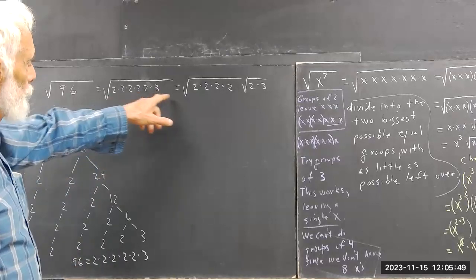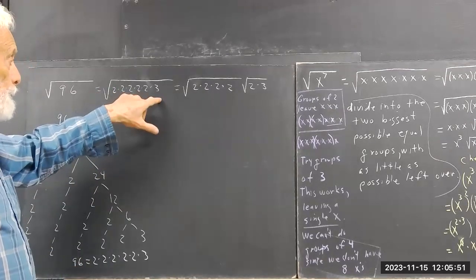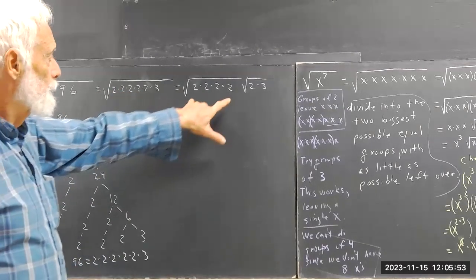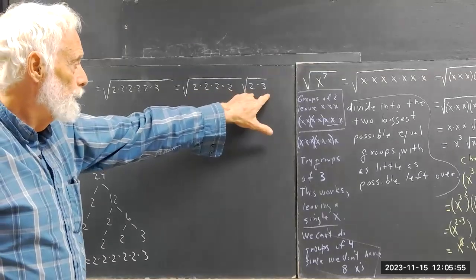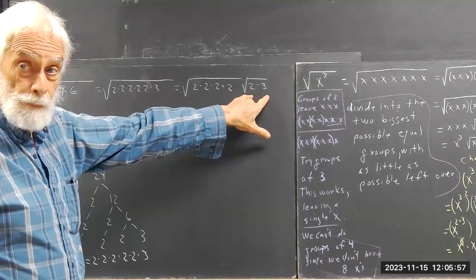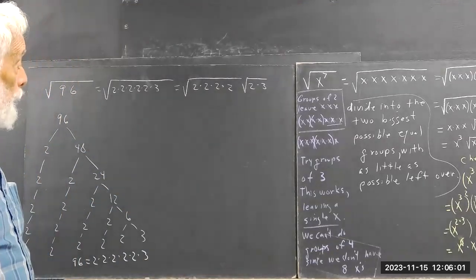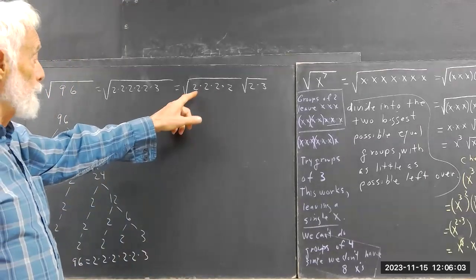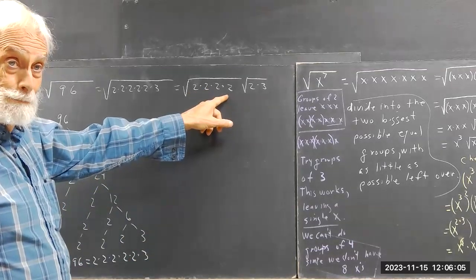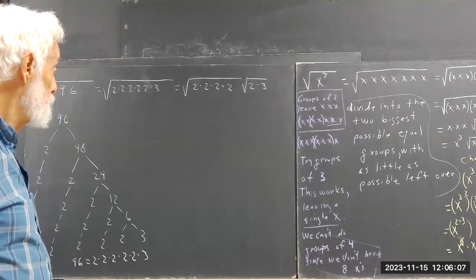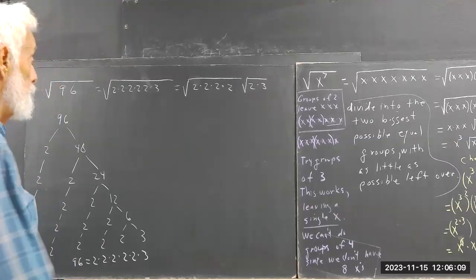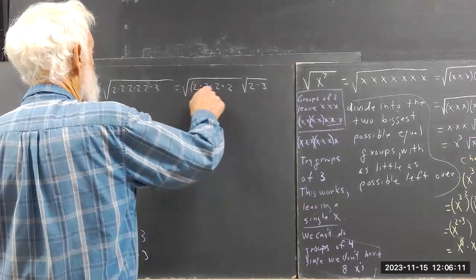We can write this product, the square root of this product, as the square root of this part of the product times the square root of this part of the product. Now, why in the world would I do that? Well, I do that because now I can group this product this way.